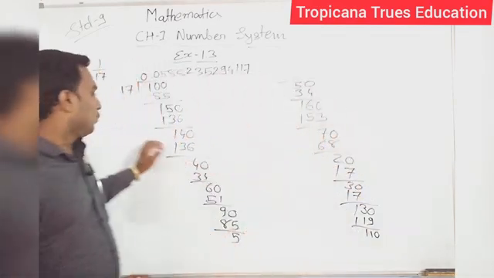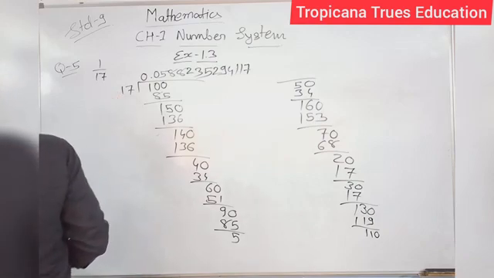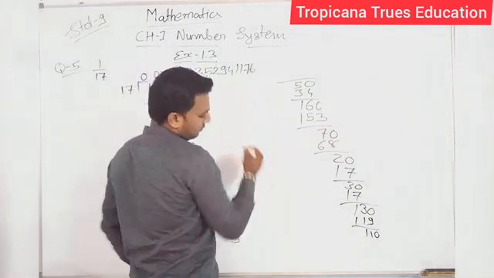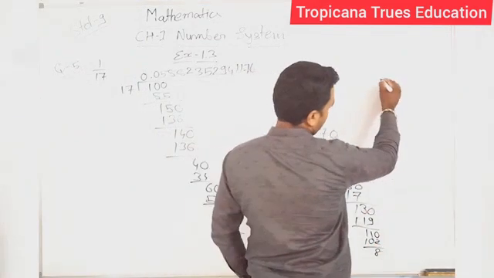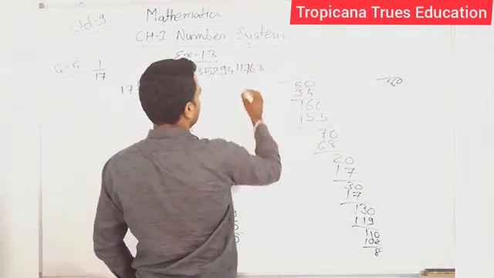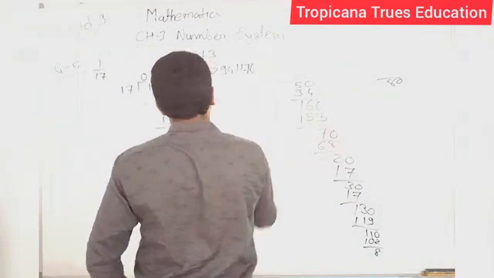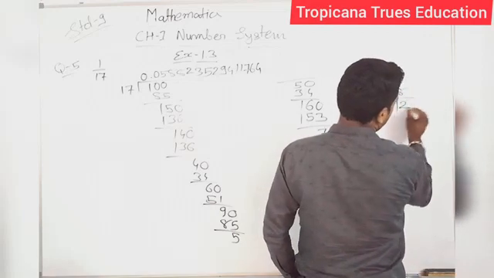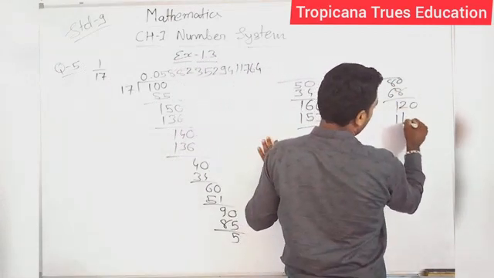Again put 0, 110: 17 6s are 102, you will get 8, and again put 0. 17 4s are 68, remainder 12, put 0. Then again 17 7s are 119.